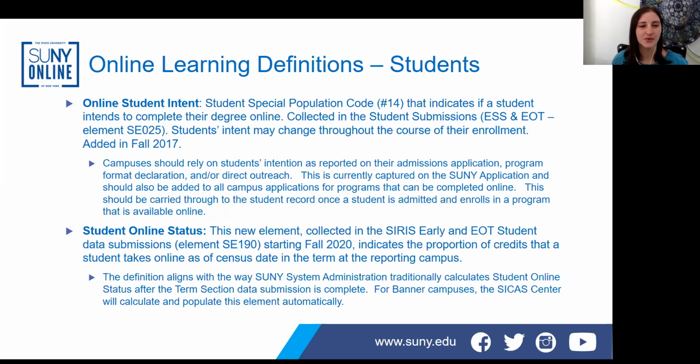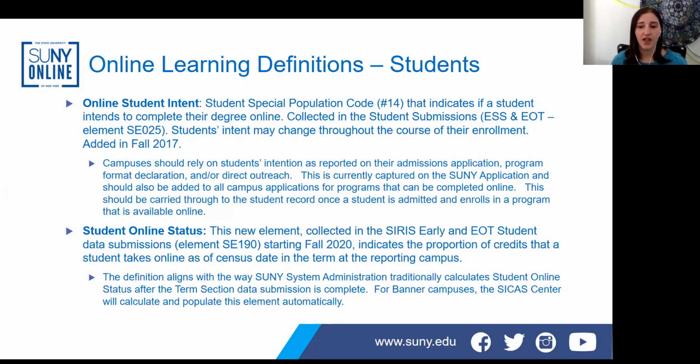And we don't have an easy way of differentiating who those students are who are actually intending to be online students, which can make planning going forward a little bit tricky as well. So I'll talk about that a little bit more at the end, but just know that that is something we are still really encouraging that our campuses collect either through the application or maybe their major declaration form, just having some way of capturing that information in your student information system is really important.